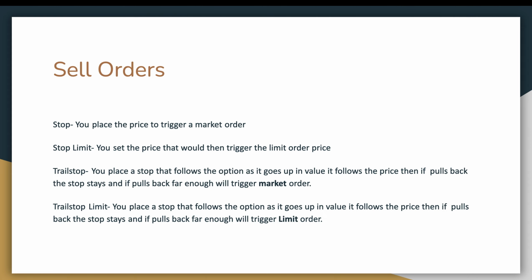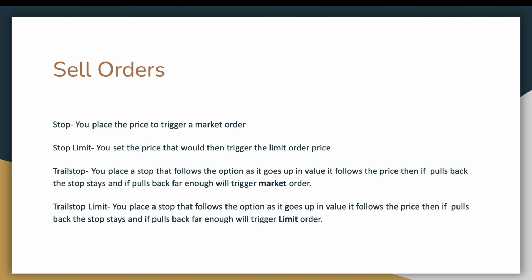Your stop limit, once it hits your stop price, will try to fill you with a limit order at whatever you say. So if your stop is at $1 and your limit is at $1, then it's only going to sell at $1.